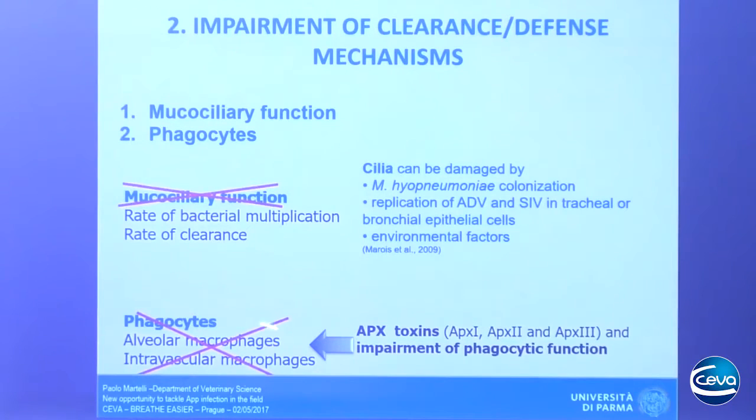And the phagocytosis by the alveolar macrophages is impaired by the very well-known APX toxin of the microorganism. So we have the adherence to the deeper part of the lung and the action of the APX toxins.